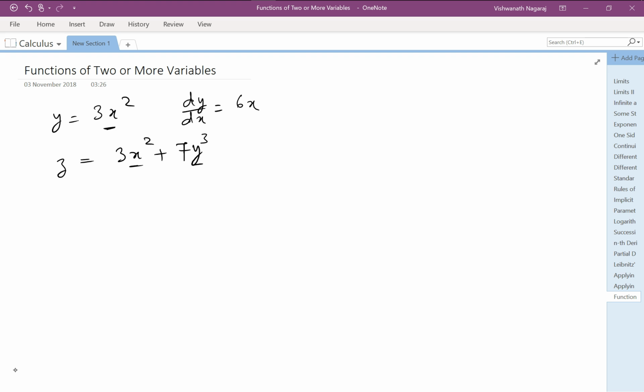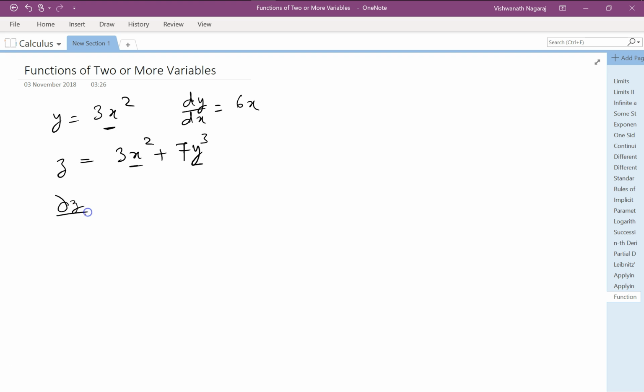Now, since this complication has arrived, we can't just use dy by dx, because then it doesn't convey the idea that this is not a proper differentiation, but only with respect to one of several variables. For that, we have the notation dou.